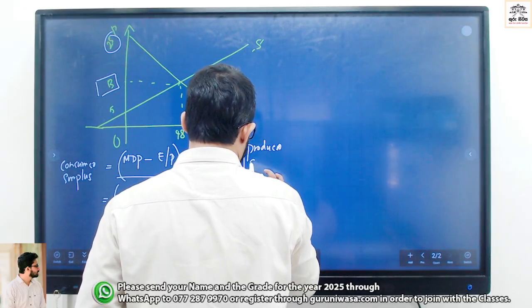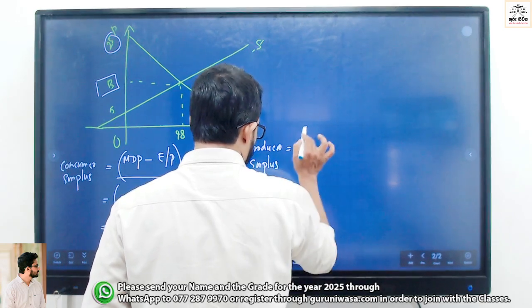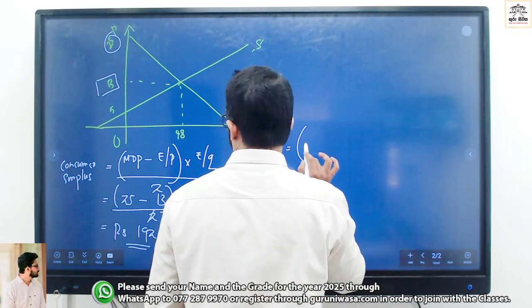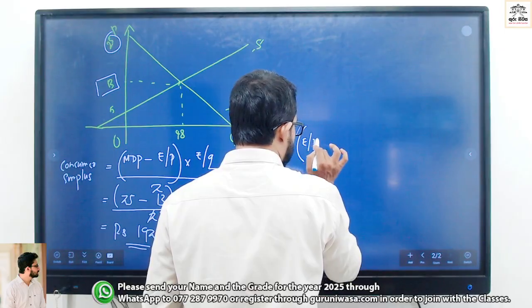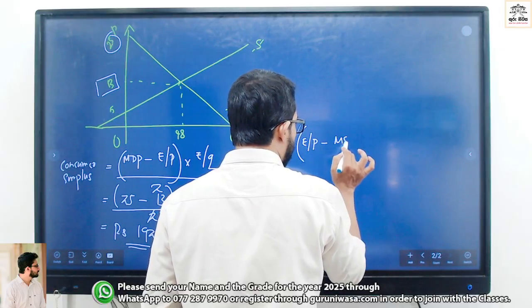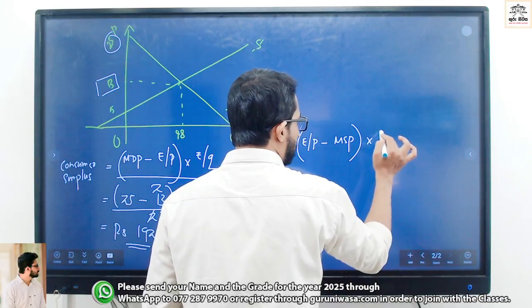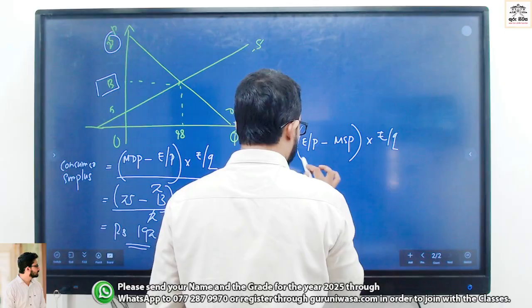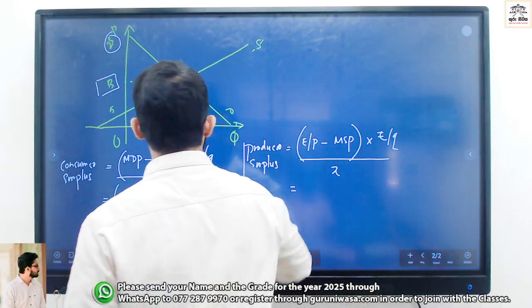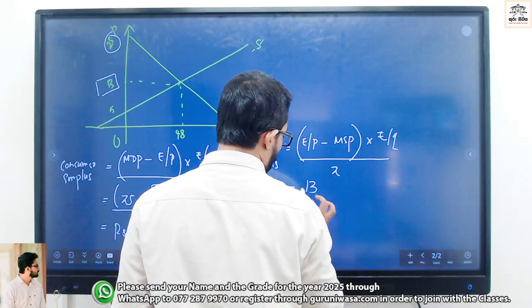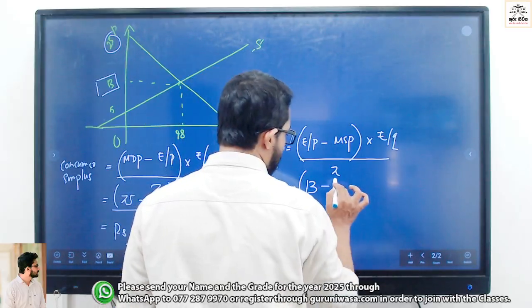Producer surplus equals equilibrium price minus minimum supply price into equilibrium quantity divided by 2. Equilibrium price is 13 rupees, I have already calculated. Minus minimum supply price is 5 rupees.